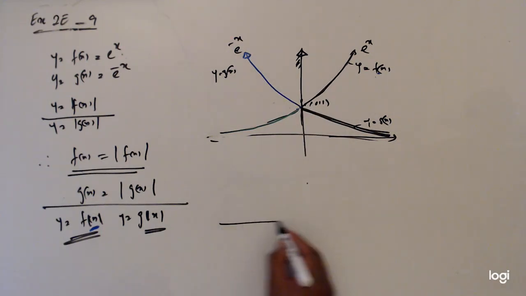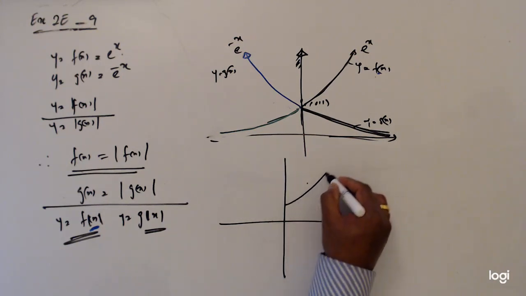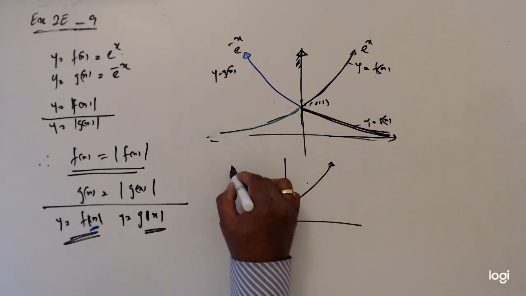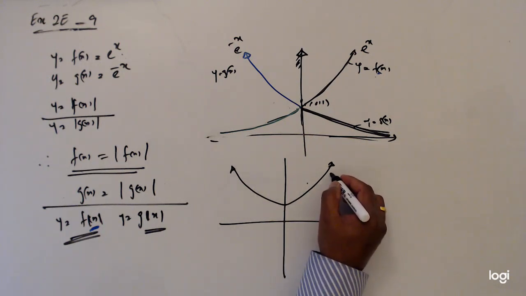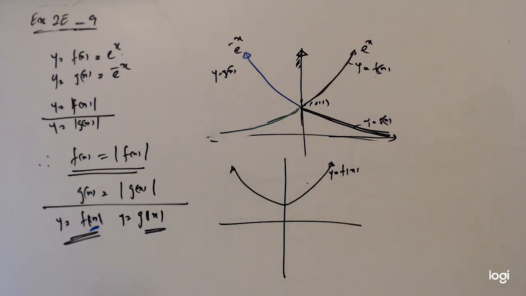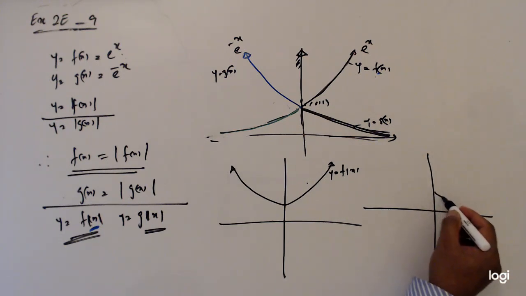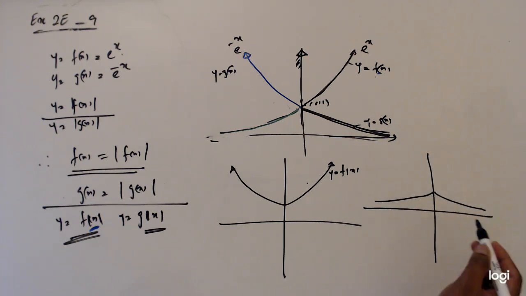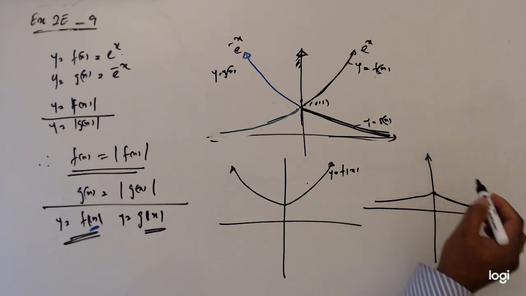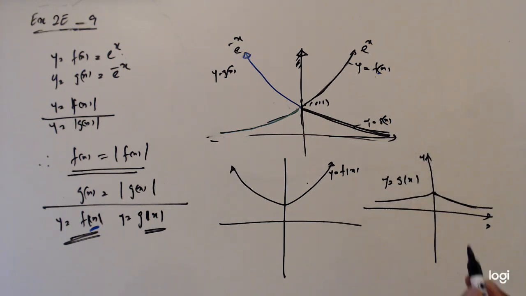If I draw separately, this is the y equal f mod x graph, and this is going to be y equal g mod x.